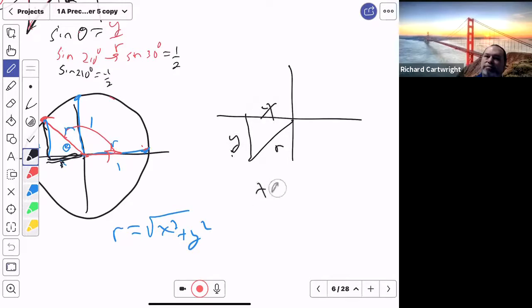The tangent of this angle will still be positive because tangent was opposite over adjacent, or y over x. And they're both negative numbers, so it'll still be positive.